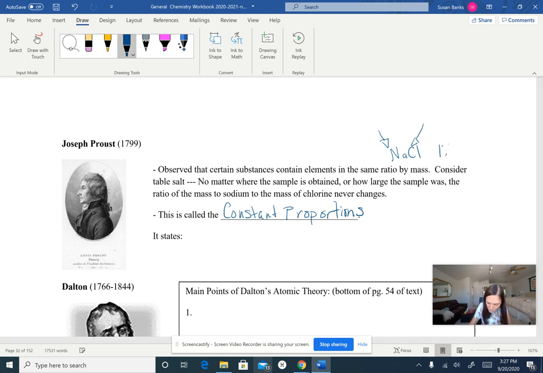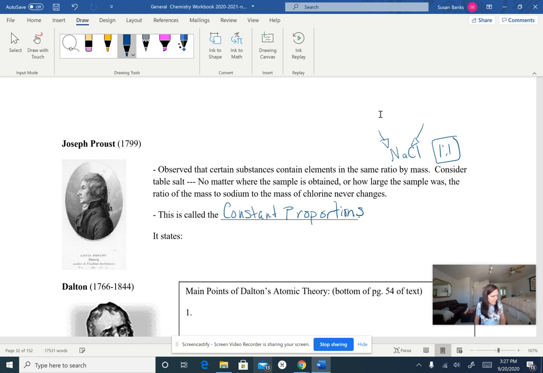So 1 to 1, we will always have this ratio, regardless of where we get our table salt from in the world. Even the table salt that we dig up here in Utah in the salt mines down near Moab, and the salt factory that we have out, if you've ever driven out past Tooele at the Morton Salt, it's all NaCl. It's all a 1-to-1 ratio, regardless of where in the world we get it.